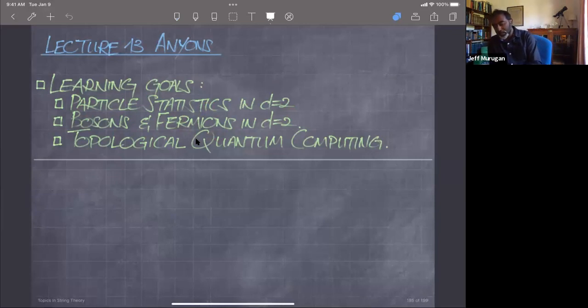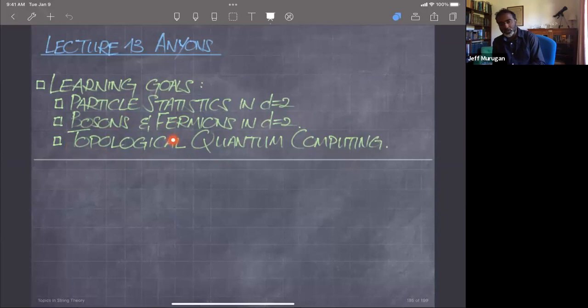In particular, this will give rise to the idea of anyons, which are particles which have any statistics really, not just bosonic or fermionic statistics. And then if I have time today, otherwise I'll do it on Monday, I will talk about the current uses of anyons in the idea of quantum computing.